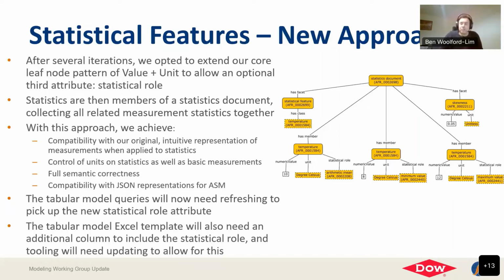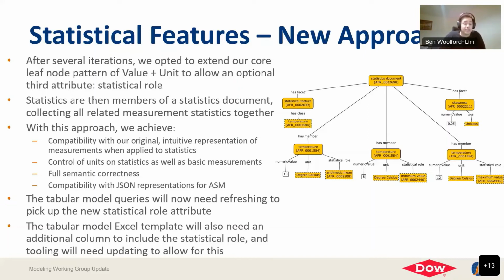The translation process and some of the restrictions on JSON mean that we have to be a little bit careful sometimes when proposing things that would be valid under the RDF or the semantic approach and may not translate nicely into a JSON representation. This approach works fine, and we have translation planned for it, so that's good.